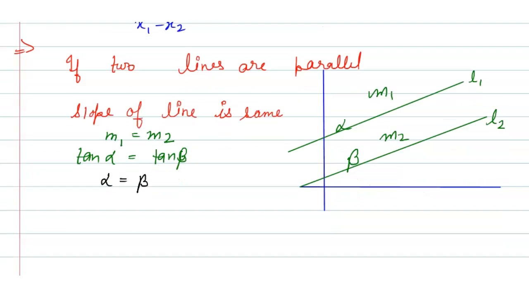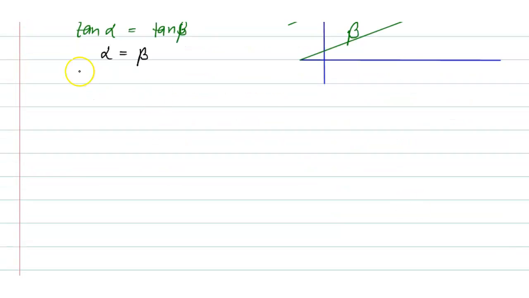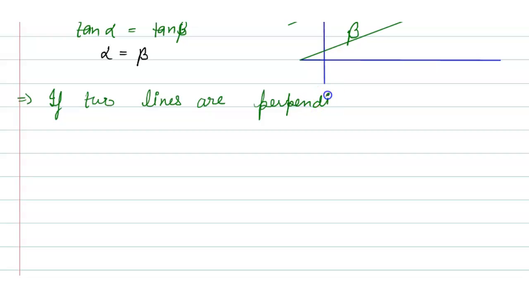Another condition: if two lines are perpendicular, here you can see the x-axis again and these lines are perpendicular.